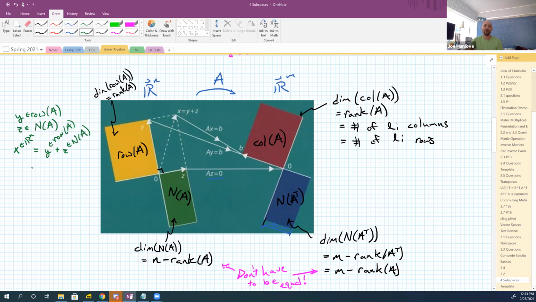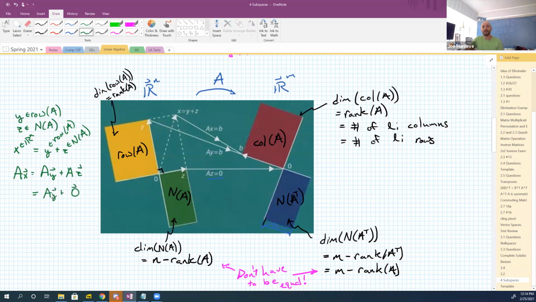So when I'm solving equations, really we're reaching for the solution to Ax equals b. So when I'm thinking, all right, so what's Ax? Well, Ax is A done to y plus A done to z. Well, A done to z gives you 0.